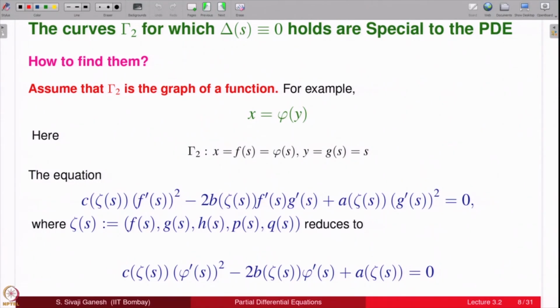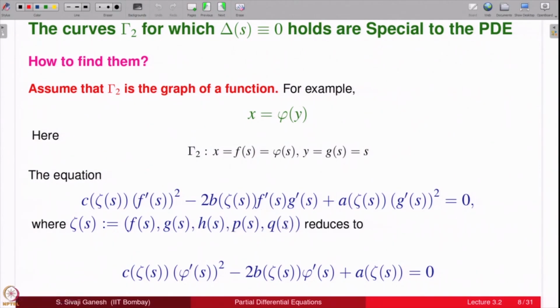If you want to know what functions satisfy this condition, we need to still know h, p and q. That is the problem with this equation, because it is a quasi-linear equation. For a quasi-linear equation, if you are interested in this question, then you must be given a solution of the equation. Then you can ask what is that curve which will have this property. That can now be determined because the solution is given, therefore you know what p and q are.